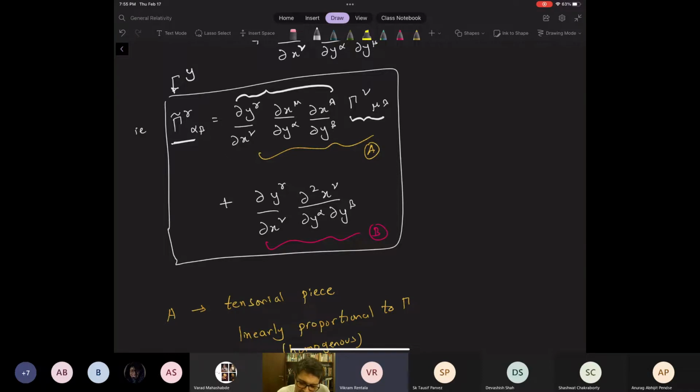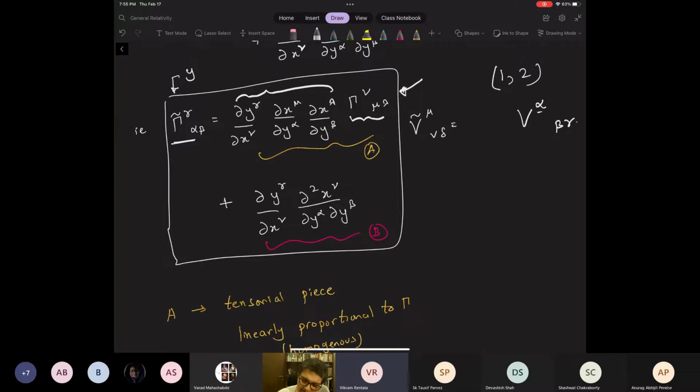Now if you just look at this part of the rule, this looks like exactly the rule for transformation of a tensor of type 1, 2. If you have a tensor of type 1, 2, then the coefficients of that tensor are like this. And the transformation rule, so supposing I'm starting with these coefficients in some x basis, the rule to get the coefficients in some y basis is that you have to write a transformation for each of these coordinates.